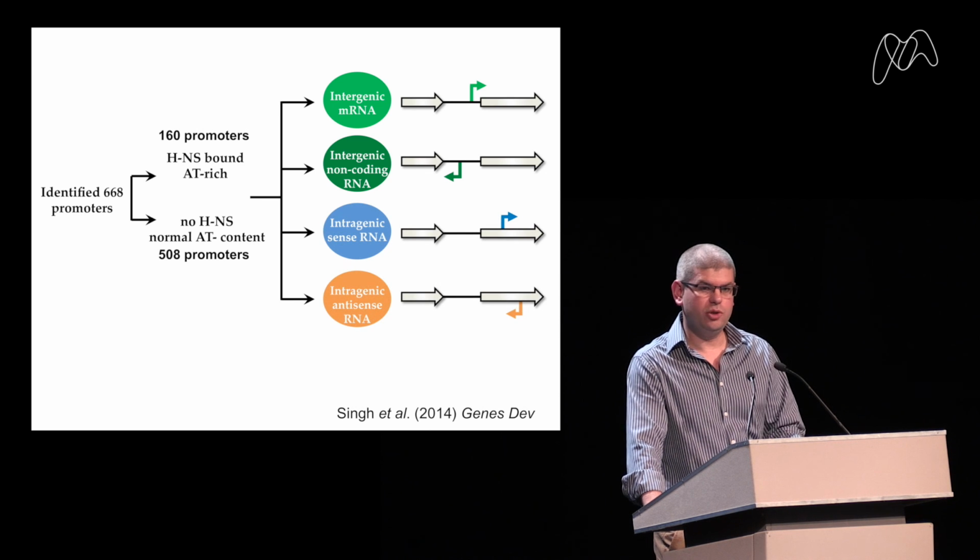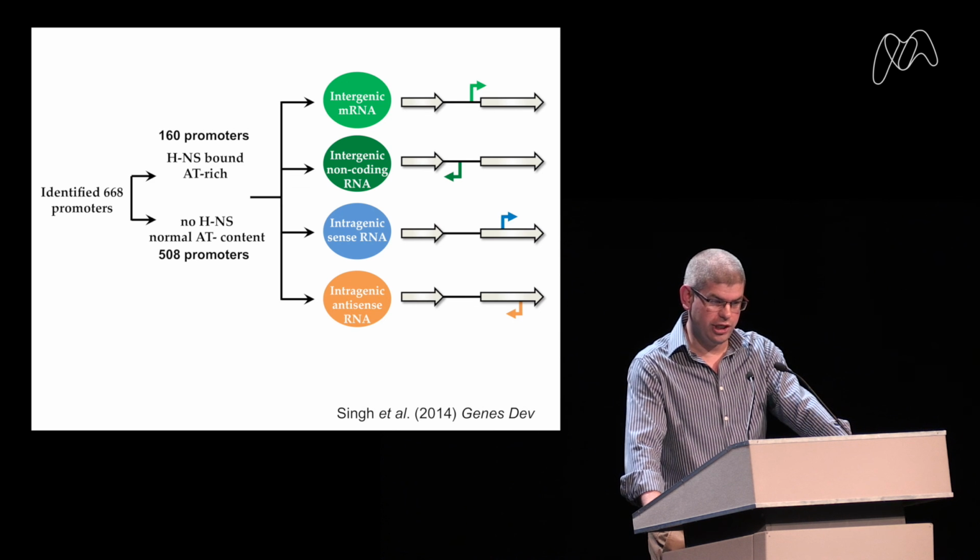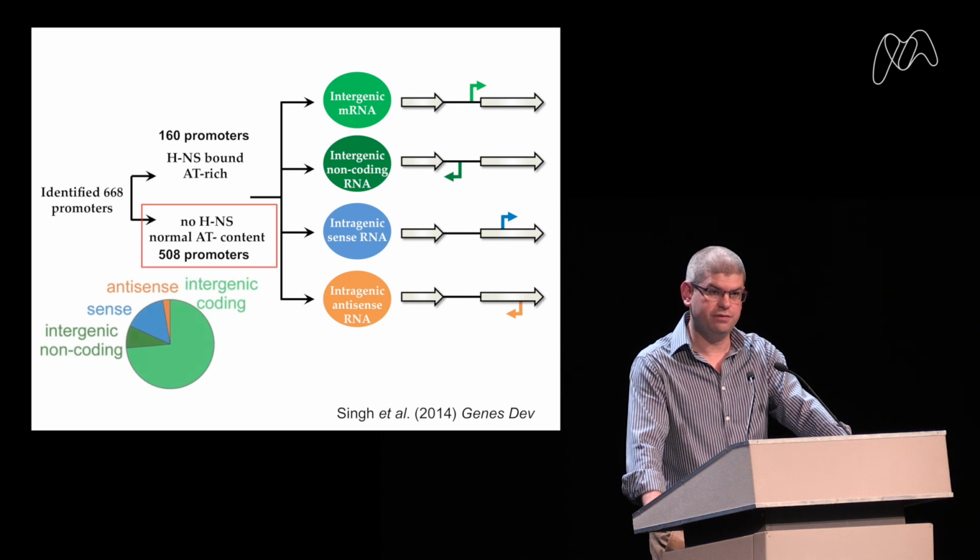So how does the distribution of promoters between these four categories differ for our two groups, for the horizontally acquired genes and for the other genes in the genome? Well, if we look at the normal genes first, we find that they behave in largely the expected way. About 80% of the promoters that we detect in these parts of the genome are in intergenic regions, the two green segments.